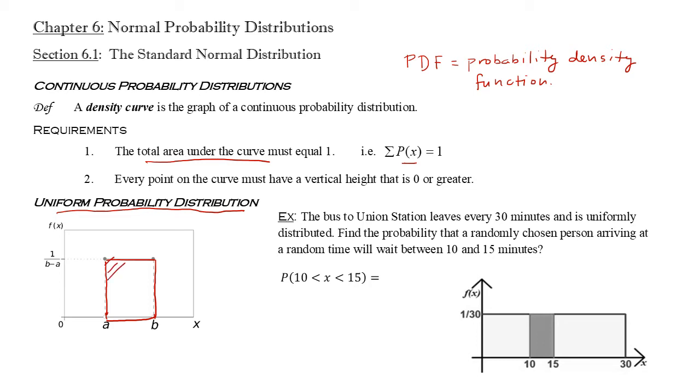So we know that the total area under the curve has to equal 1. And in this case, the sides of the rectangle will have b minus a for the base. And so the height has to be 1 over b minus a to ensure that we have an area equal to 1.